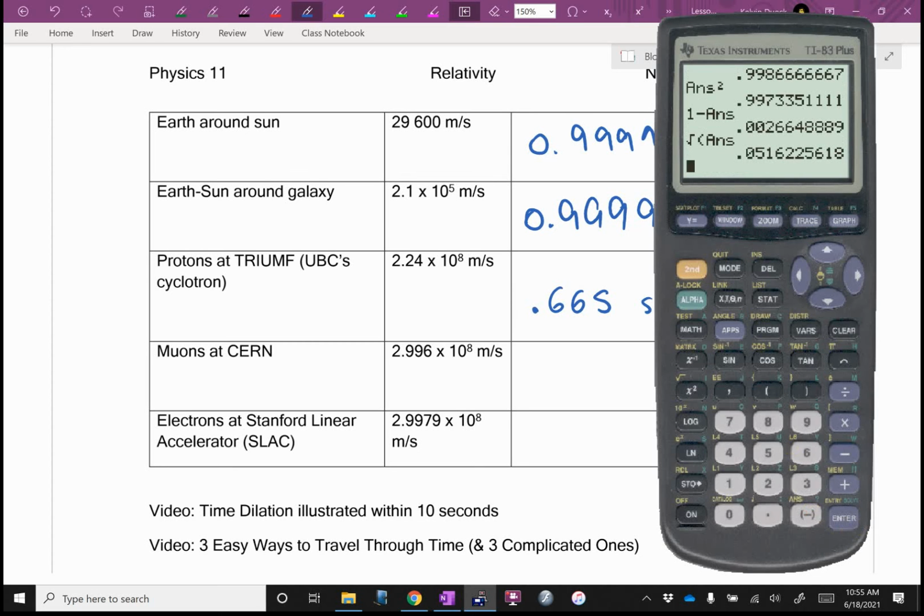For every hour that the researchers experience, the muons only experience 0.05 of an hour, about 1/20th of an hour. Or for every second that the researchers watch ticks, the muons only experience 0.05 seconds.